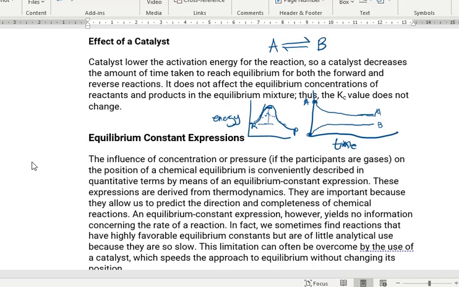So remember a catalyst does not have an effect or could not affect an equilibrium system. It could not disturb an equilibrium system. It could increase the rate of the reaction, but it increases the rate of the forward and the rate of the reverse reaction. So, makancel ra gyapon ang iyang effect. Okay? So, the equilibrium cannot be disturbed by a catalyst. Alright?